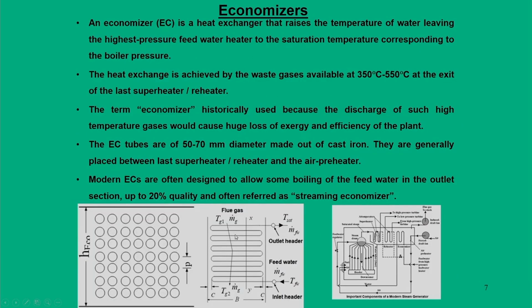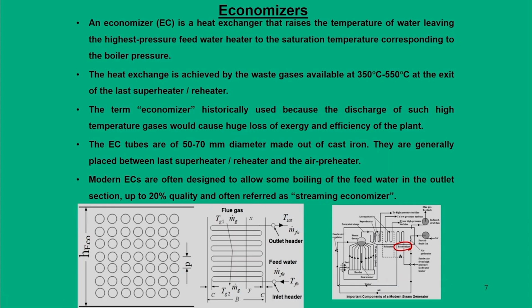All these things can be calculated. Another heat exchanger used in the steam generating unit is the economizer. If you look at this modern steam generator, the economizer is a location in the steam generator unit.